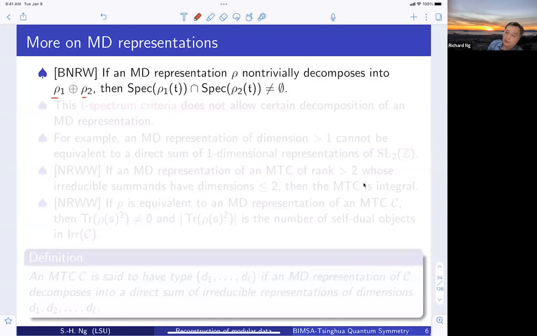So if you decompose the MTC representation into three components, they have to satisfy three properties given by this criterion.